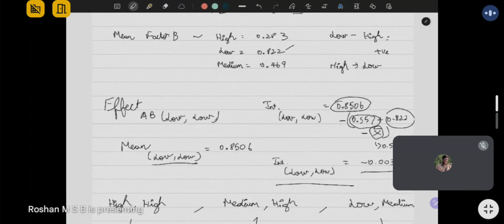Remember, it's minus the whole thing. The one point you have here minus the mean of level for factor A minus the mean of level for factor B, and then the overall mean you have to add.